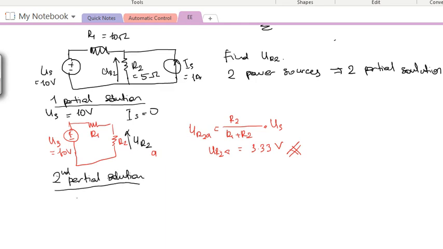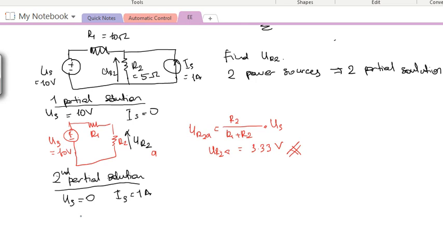In the second partial solution, this time you're going to concentrate only on IS. So we're going to turn off US, US equal to 0, but IS is kept on, so IS is equal to 1 amp. So we can redraw the circuit for the second partial solution.